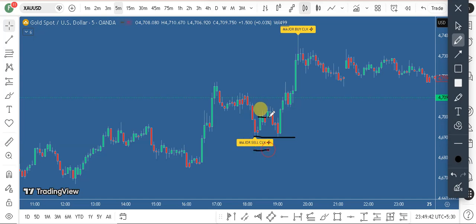When you get a sell signal, or a buy climax, that means you have to sell at this particular point on the red candle, close of the red candle, and place your stop loss, and then wait for the market to give you whatever risk to reward you're expecting, or whatever trailing stop loss you're putting, or you're sitting with a fixed take profit strategy, which we are going to discuss at the end of this course.